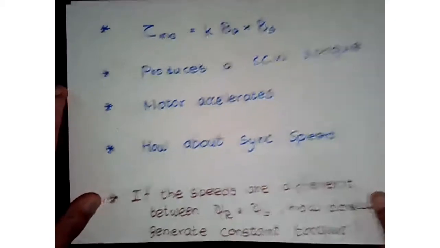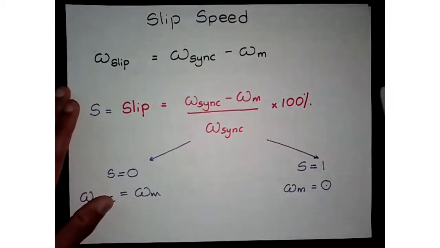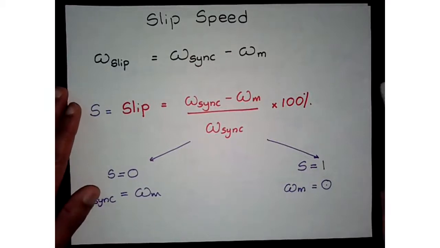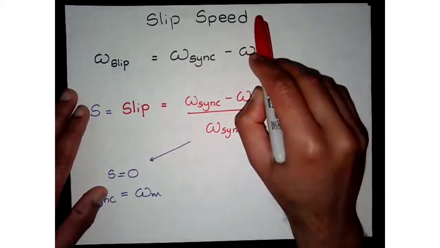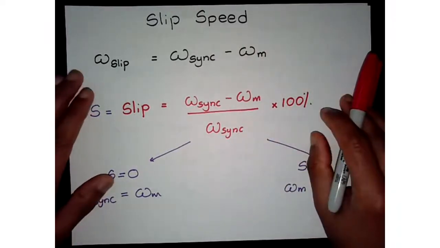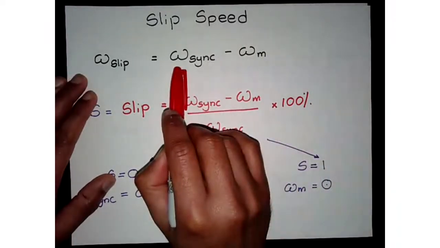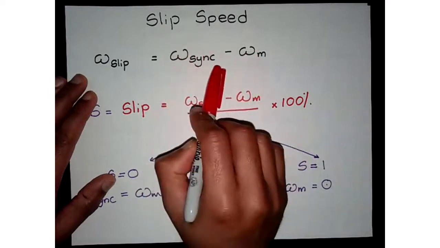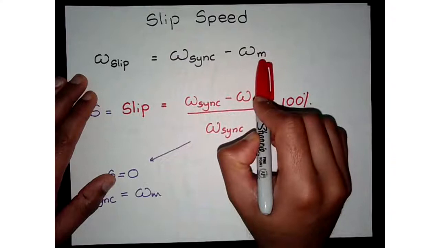Now we are going into the concept of slip speed, a very important concept associated with induction machines. That is basically the speed difference between the synchronous speed and the motor speed.